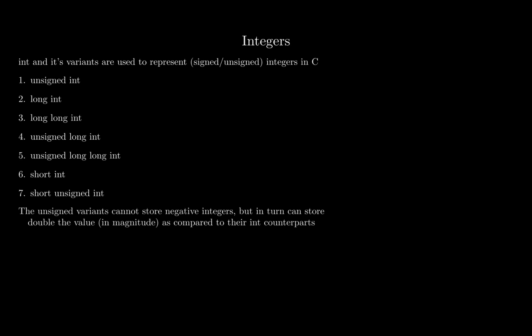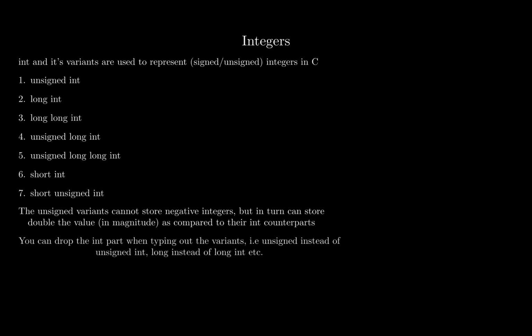And in exchange for that, you get double the amount of integers you can represent because there is no sign bit. That bit is also dedicated to storing a value. And then you can drop the int, so you can just say unsigned or just long when you're declaring integers. For the plain int, obviously you have to say int. For the other variants, you can just say unsigned or long or unsigned long or short, right?